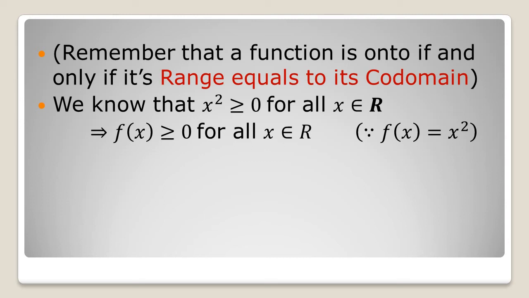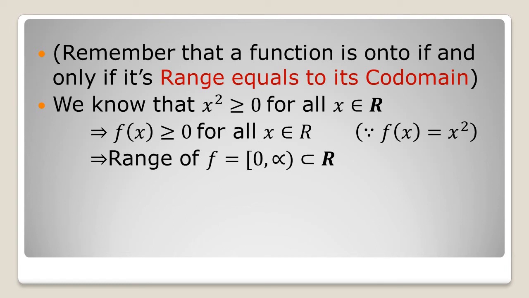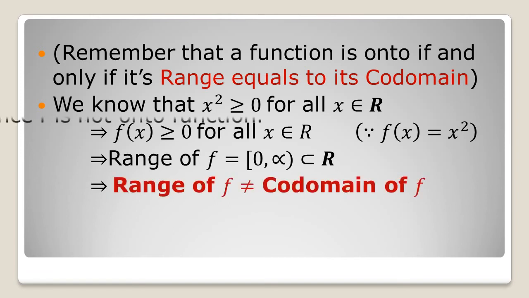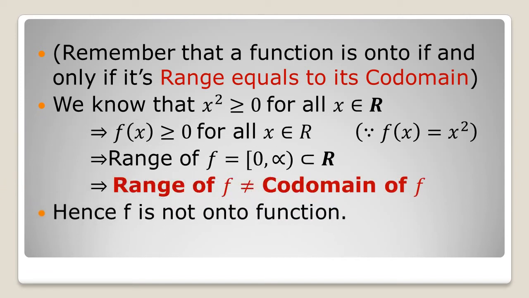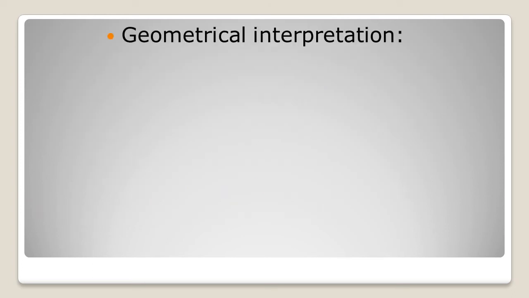Therefore f(x) is greater than or equal to 0 for all x belongs to R. That means the range of this function must be from 0 to infinity, the set of non-negative real numbers, which is a proper subset of the codomain R. That means the range of the function is not equal to the codomain of the function. Hence f is not an onto function.